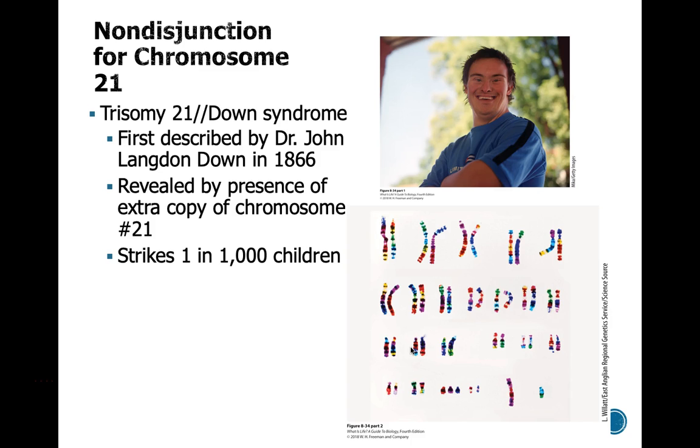This is a situation known as Down syndrome, also known as trisomy 21, because there are 3 copies of chromosome 21. This is a fairly common genetic disorder, and the reason is that it's relatively survivable. Again, individuals tend to deal better with extra chromosomes rather than missing chromosomes.